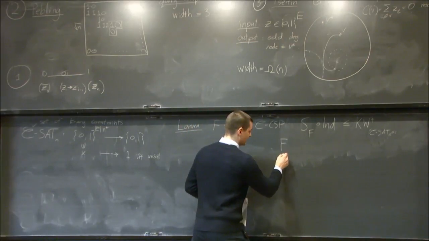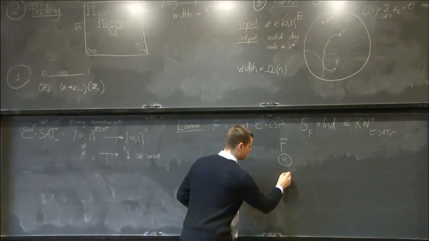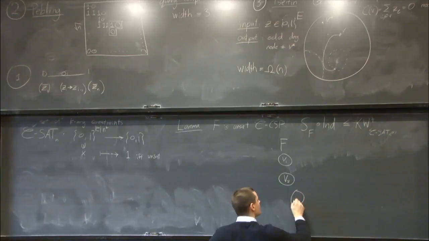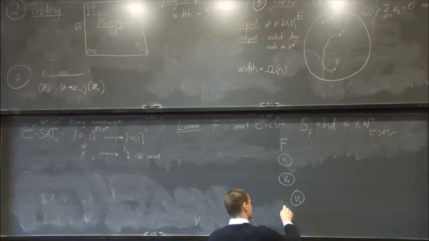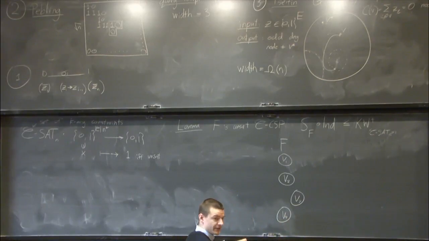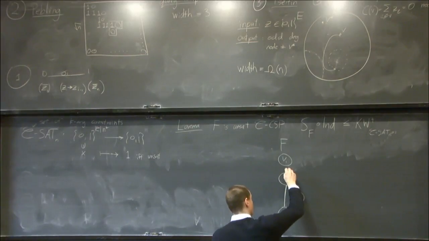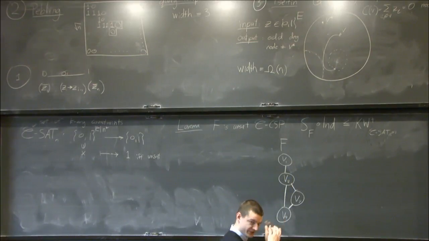So it has some number of variables, V1, V2, let's say 4 variables, and then some constraints between them. For visual simplicity, let me just use binary constraints. So some of the variables are in constraints. The edges represent the constraints. So that's now fixed.